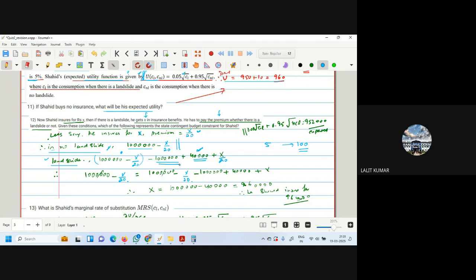And here he will get now X, the insurance he has got. So in both the states, they have to be same. When we equate both the states, this X by 20 will get cancelled, 10 lakh will get cancelled, and from here, we get X is equal to 10 lakhs minus 40,000.